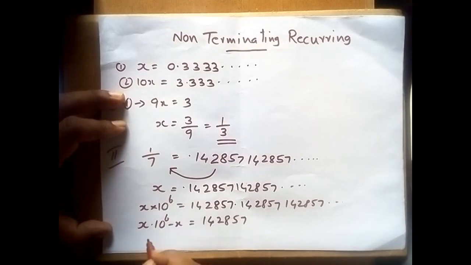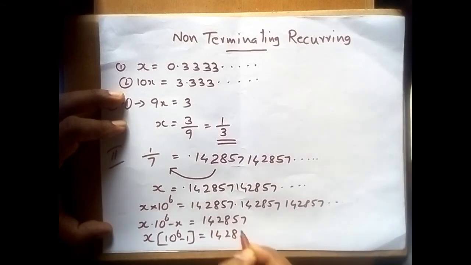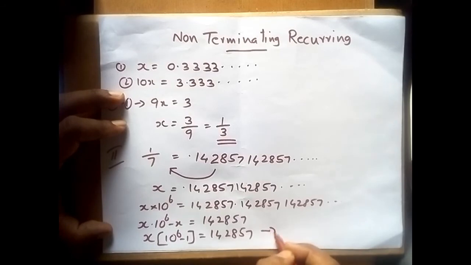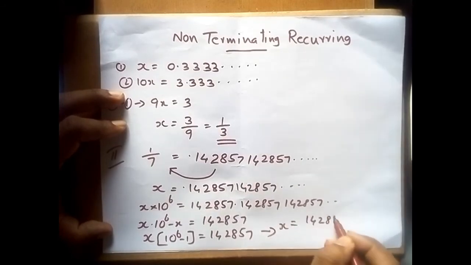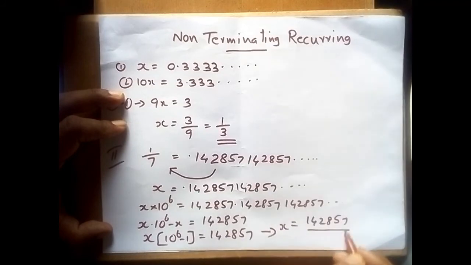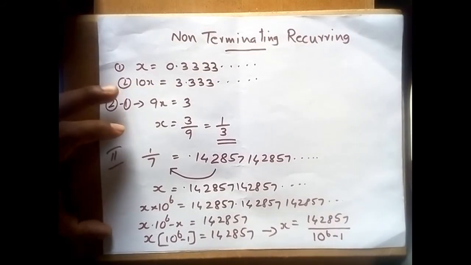So what is the value of x? x you can take outside here: x into 10 raised to 6 minus 1 is equal to 142857, which means x is equal to 142857 divided by 10 raised to 6 minus 1.